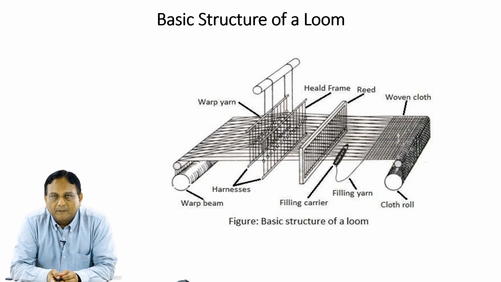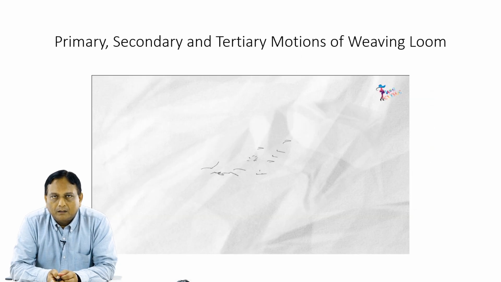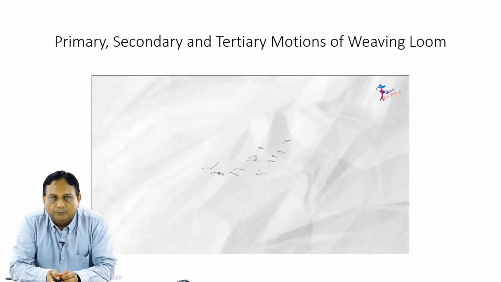Then the woven cloth is produced by the weft yarn or the filling yarn, and finally it is wound on the cloth roll. So these are the basic structure of a loom. Now let us see the primary, secondary and tertiary motions of a weaving loom.